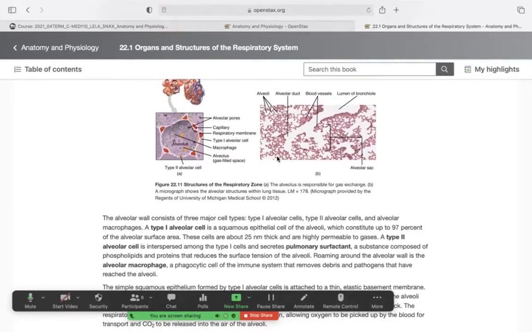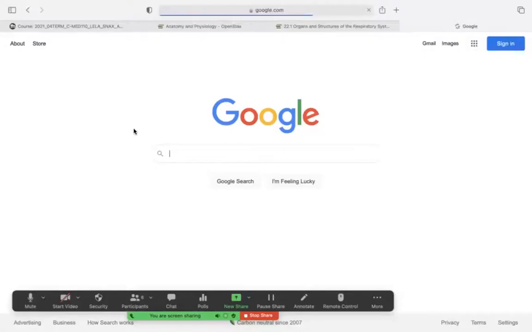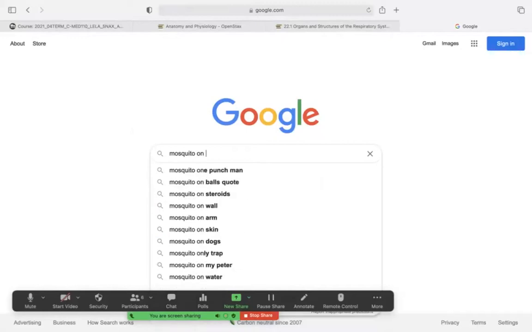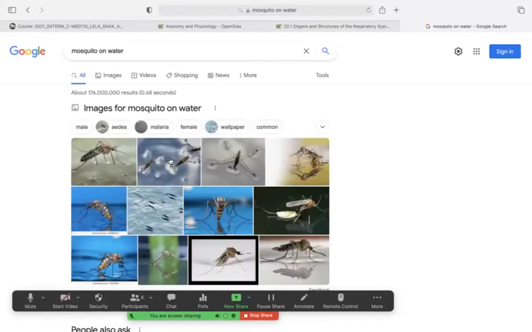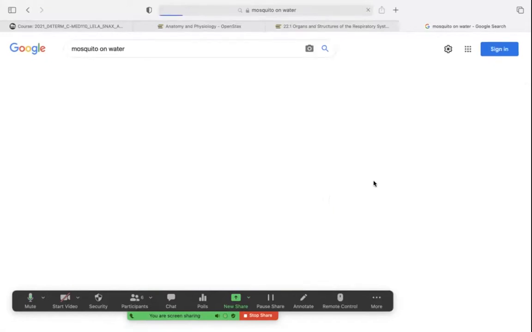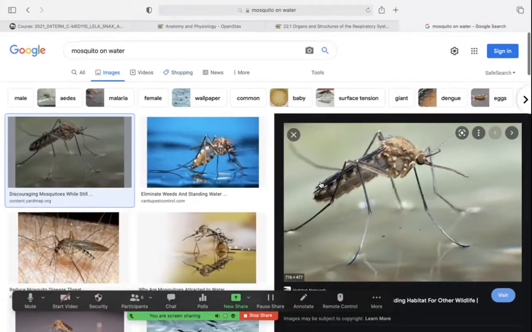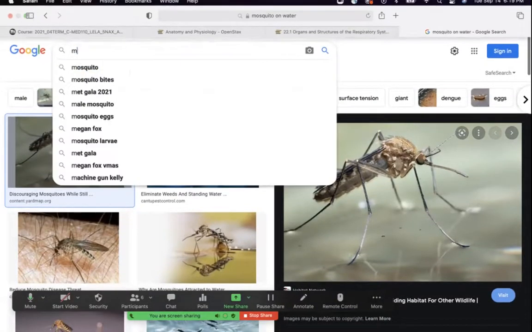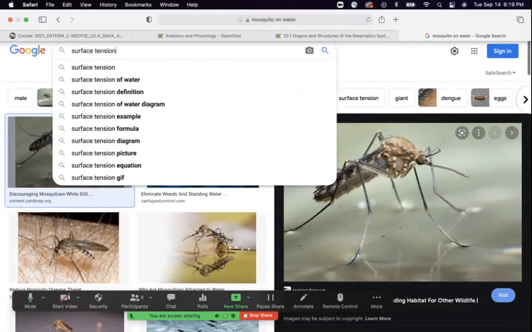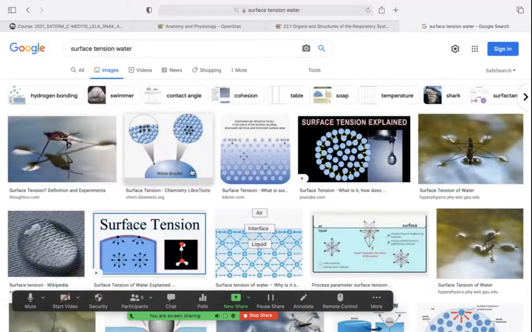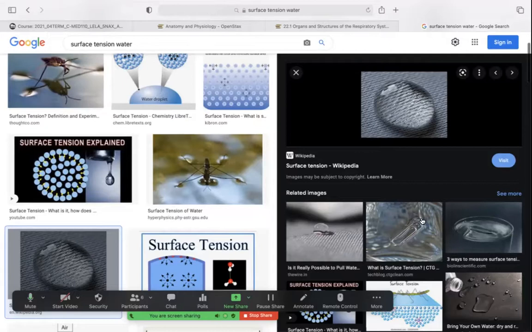The best way to explain it is, do you know how, if you've ever seen this? Ever see how a mosquito is so light that it just sits on top of a piece of water, right? See how it does, and also how water kind of bubbles up like this.